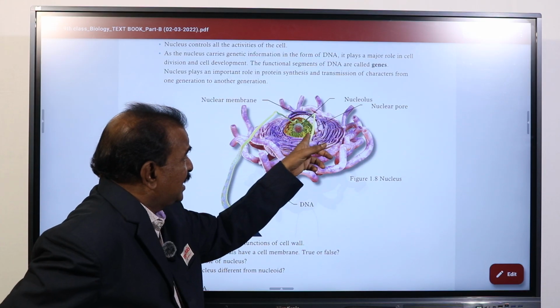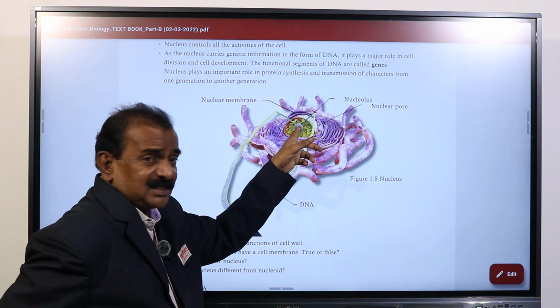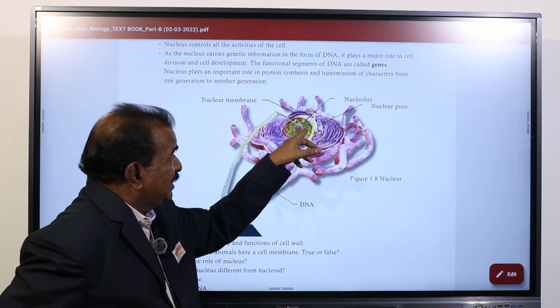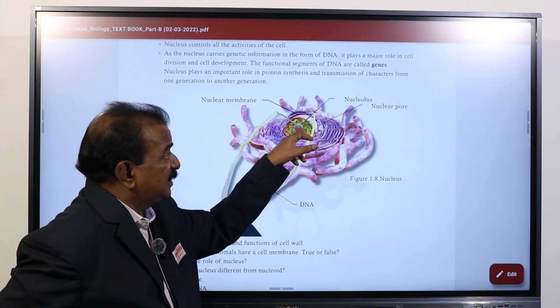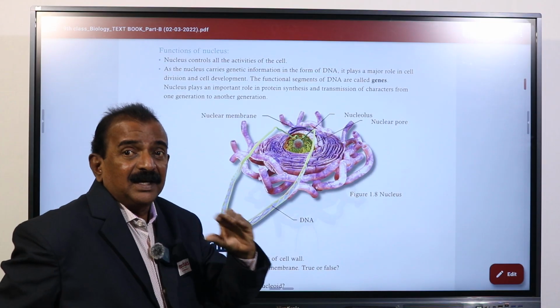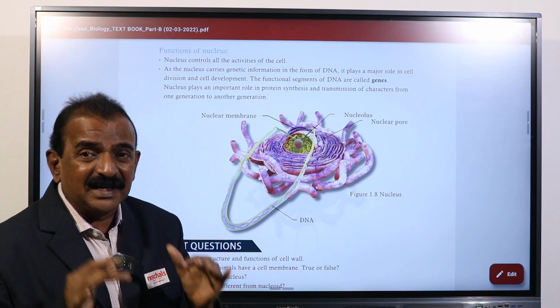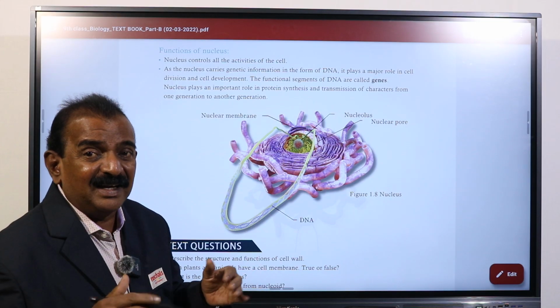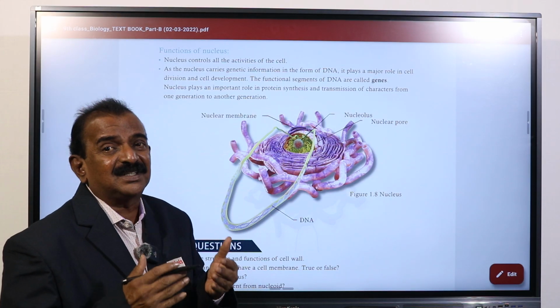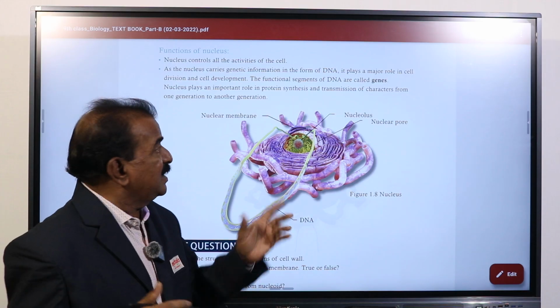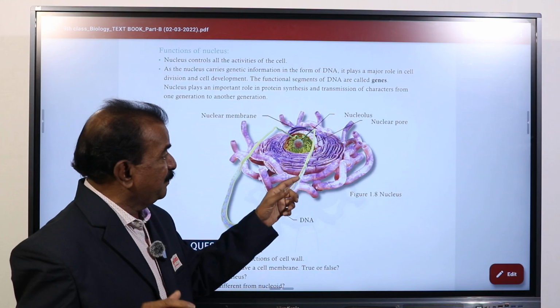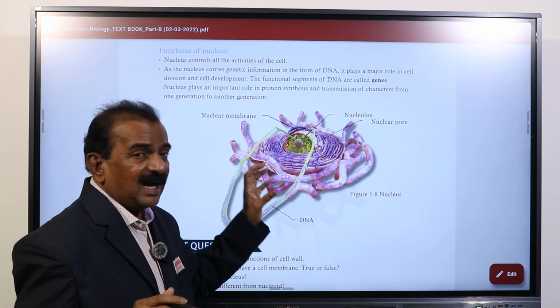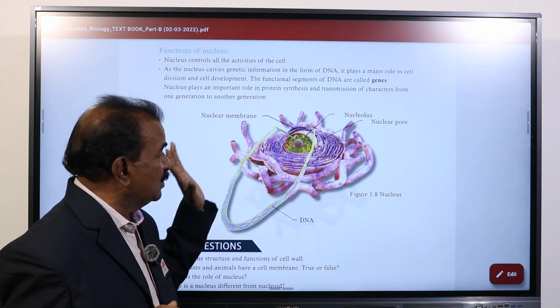Here this is the nucleus and this is nucleolus, and it consists of nucleoplasm, nuclear pore. A nucleus consists of a double membrane structure called nuclear membrane, and it is porous. It allows certain substances to get in and certain substances to get out. So all these are the parts of the nucleus.